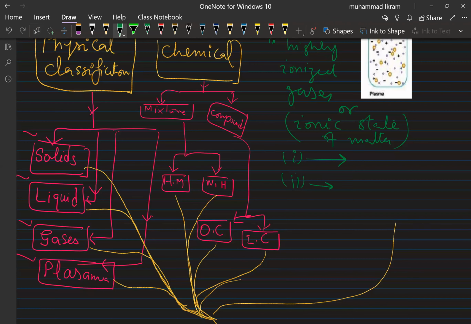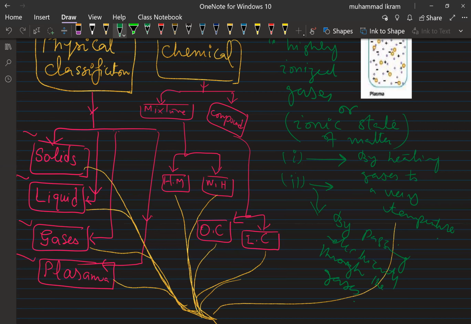The first one is by heating gases to a very high temperature, right? And the second one is by passing electricity through the gases.